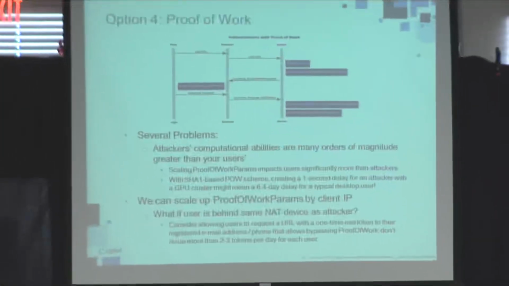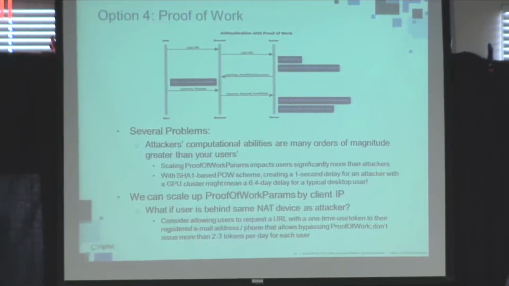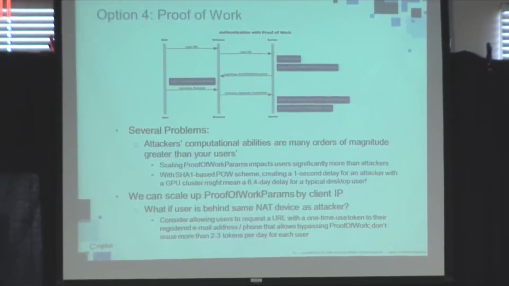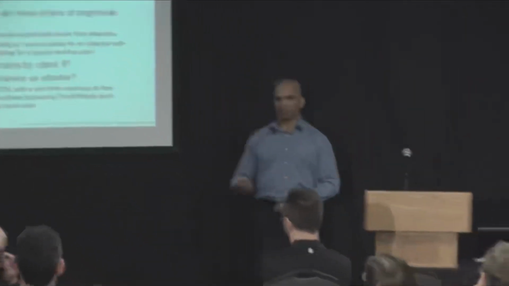We have to be careful about how many of these tokens we issue per user, per day, per hour, and so forth, to make sure we don't cause a denial of service attack. But the good thing about the proof of work scheme is it allows you to do things like this. We're not just saying we have to use insecure adaptive hash parameters; we have a separate control and we can use it as we see fit.